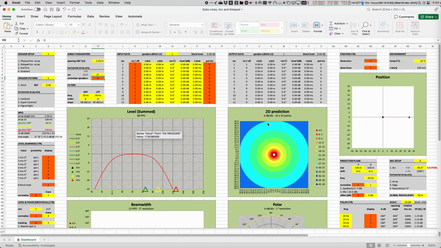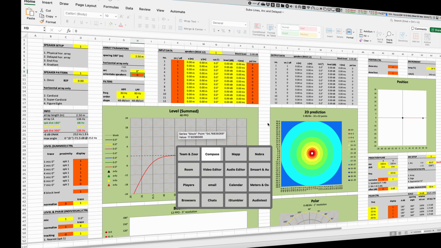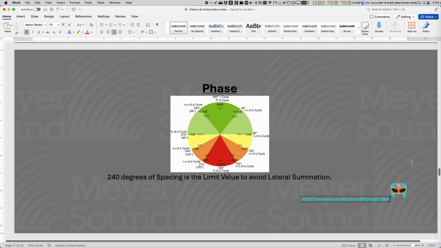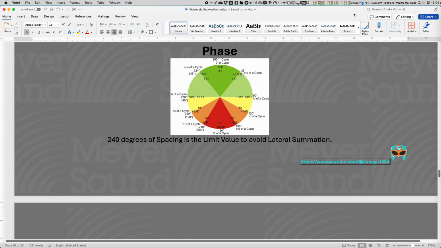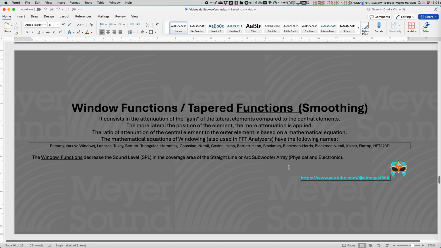Okay, let's start to understand something that is called window functions. And the window functions, that is also maybe called tapered functions, are mathematical equations that will try to smooth the side lobes.